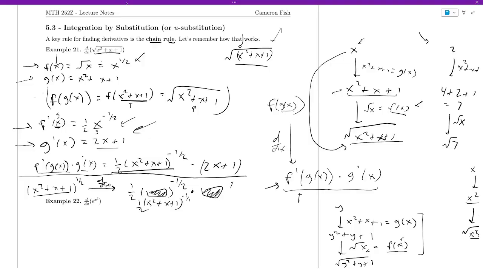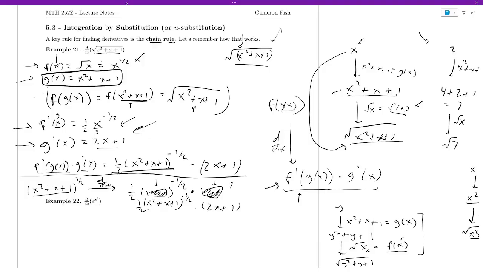I can fill everything in. And the black box prime, well, it's something prime. Black box was x squared plus x plus 1, so it's 2x plus 1. So you get the same thing. I will say that I'm not doing anything different with this method. I think just for me and for a lot of students, thinking of it as this black box helps. But really, g is the black box.